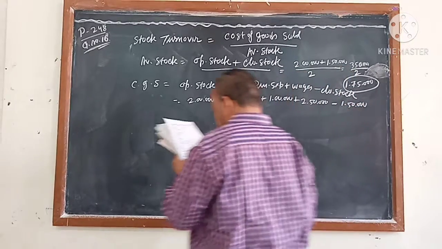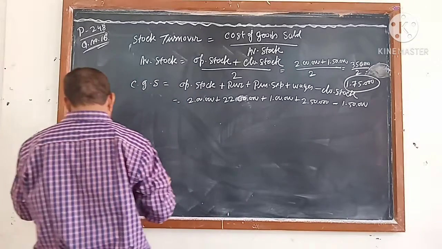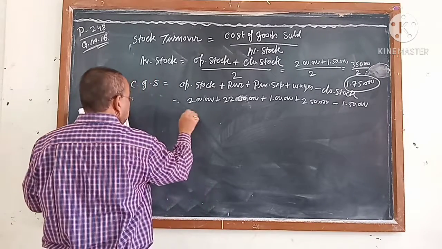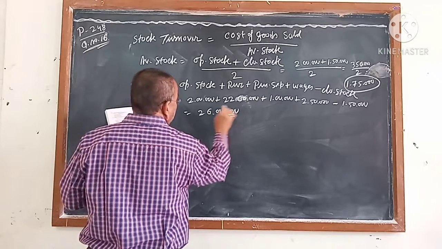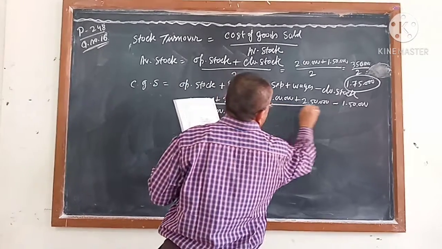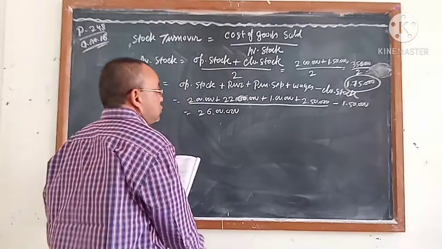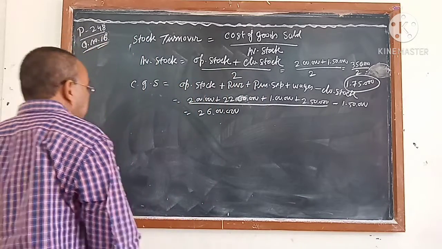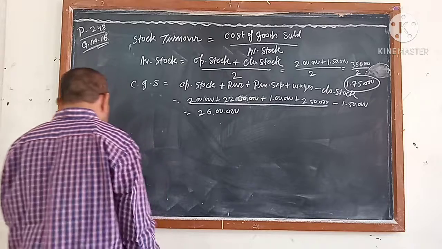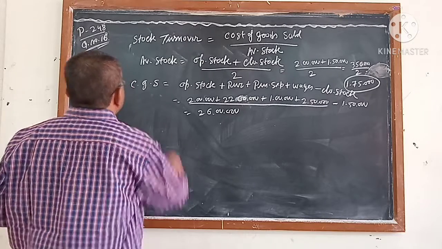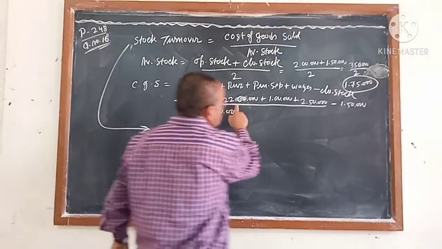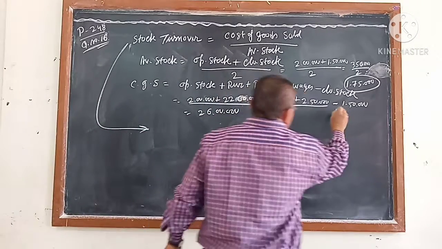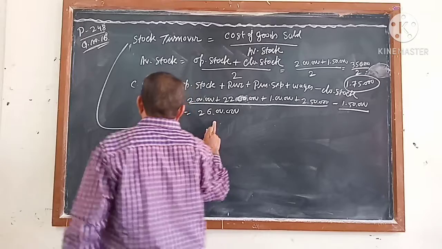This is your CGS. If you add this plus this plus this plus this, and deduct 1,50,000, you will get 26 lakhs.